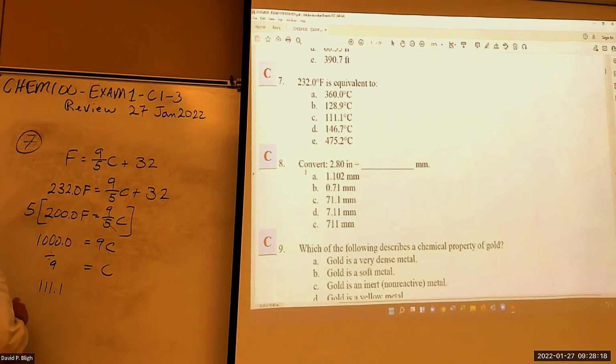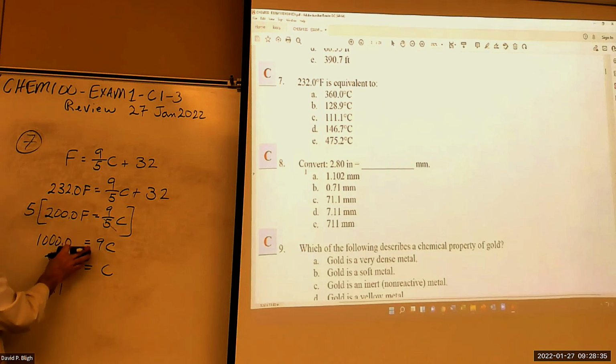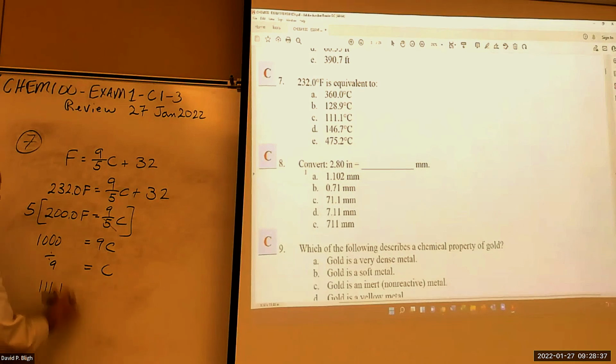111.1. Or 5 significant figures. Well, let's see what the answer says. Choose the best answer. 111.1 is the best answer. We should be able to, oh no, 4 significant figures. There we go. Because this has got 4 significant figures, 5 times that is 4 significant figures.